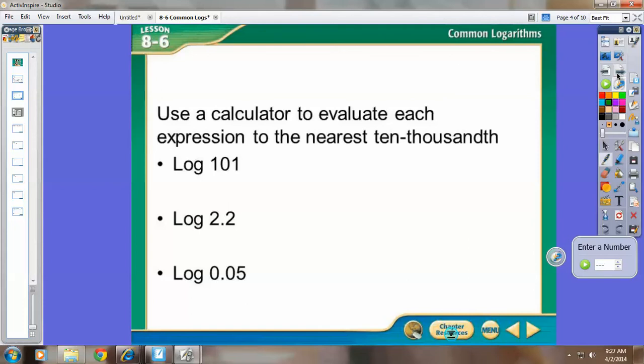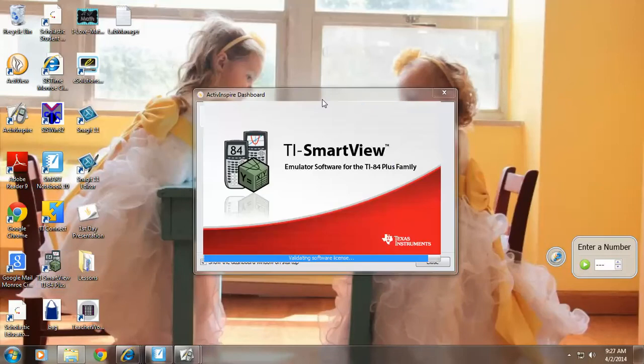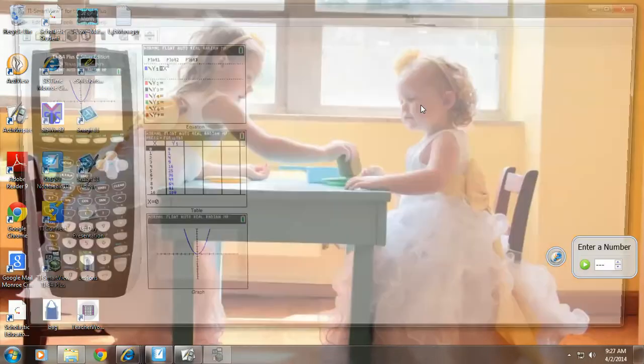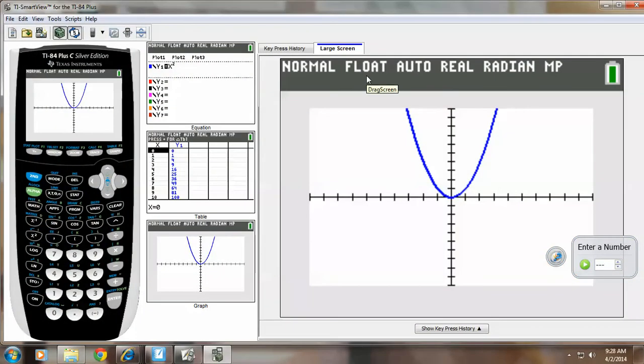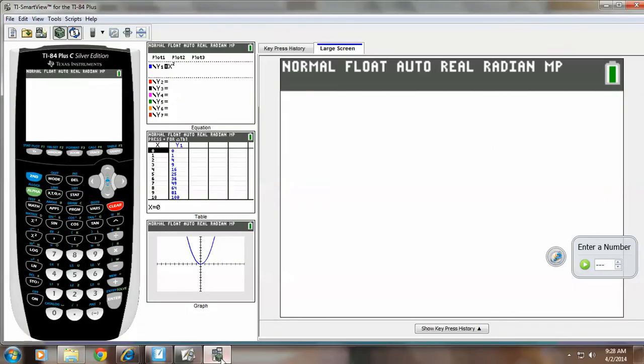So on our calculator, our first problem was log of 101. I'm just going to literally type it into my calculator.